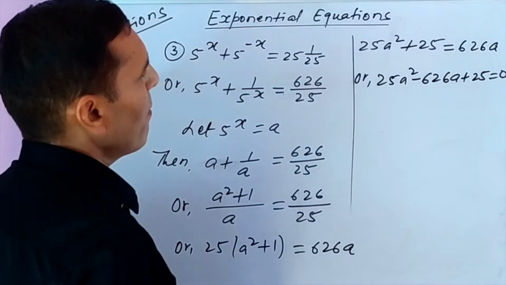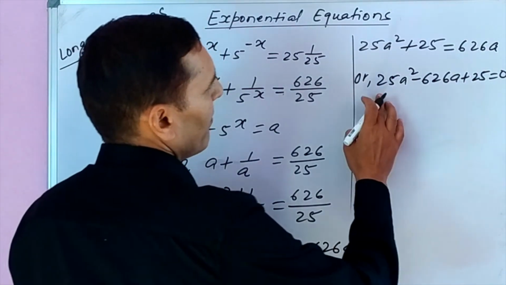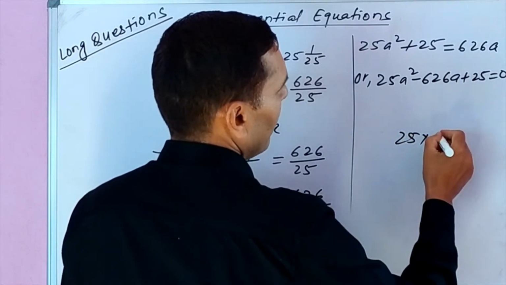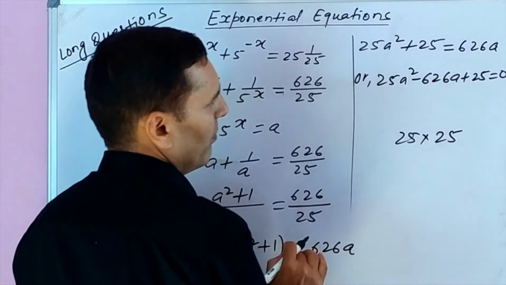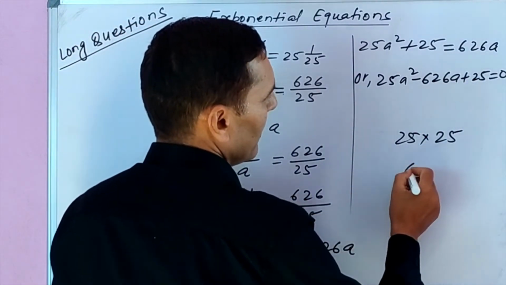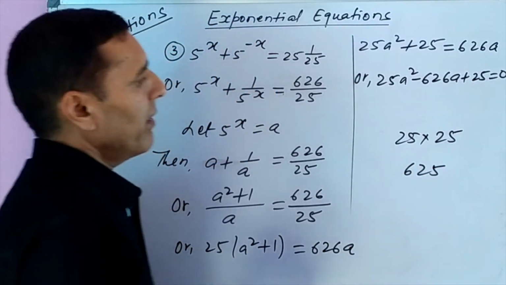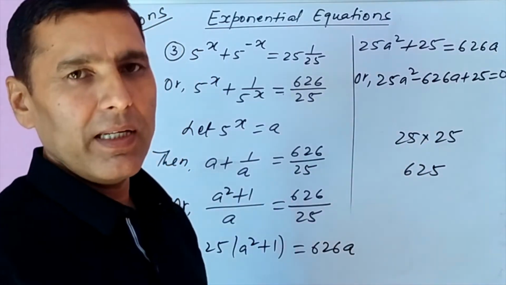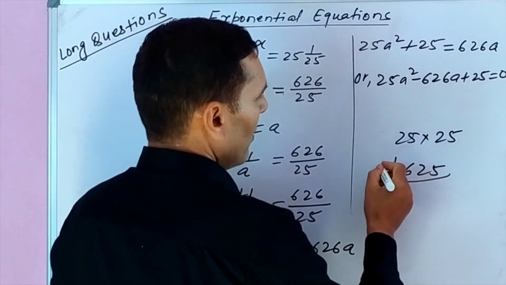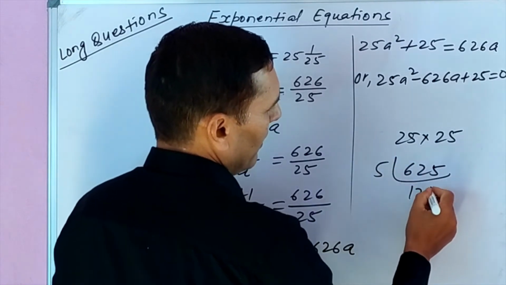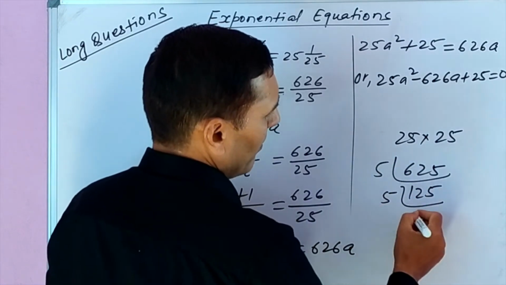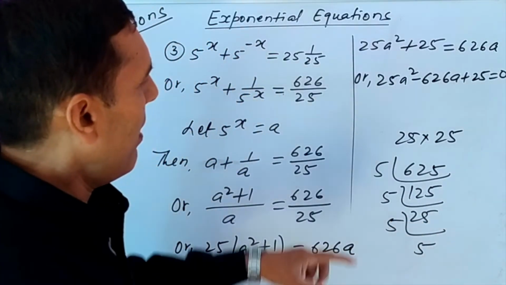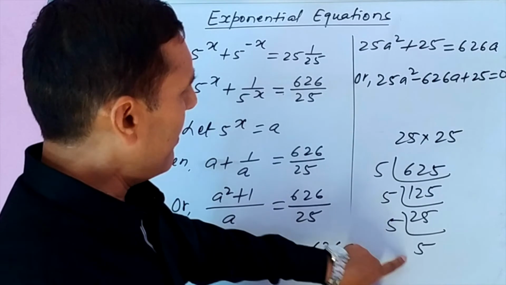How is this possible? We know that first we multiply this 25 and the last 25, the coefficient of the first term 25, last term also 25, that gives 625. We get the factors of 625 and we balance for the 626. 625 is 25 times 25, and 25 is 5 times 5, so we get 5 into 5 into 5 into 5.